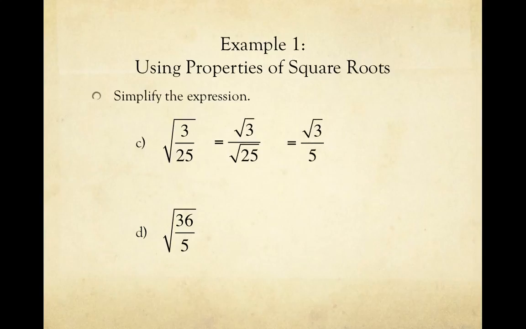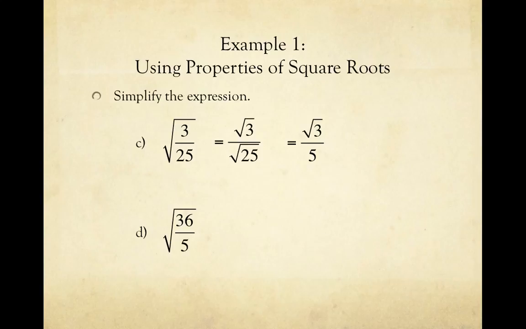And we notice that the square root of 25 can be turned into a 5. So we get the square root of 3 over 5 with no radical in the denominator anymore, so we can leave our answer as is. The square root of 3 cannot be simplified any more than it is because there's no perfect square factor, and we do not have a radical in the denominator. So we're done. This is our simplified answer.